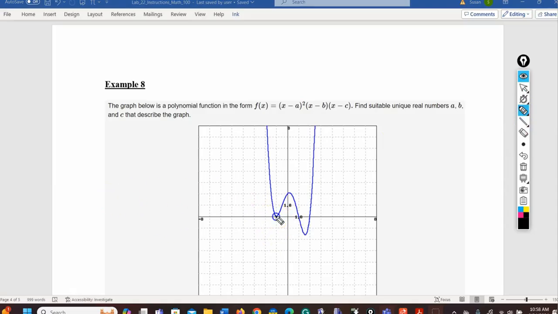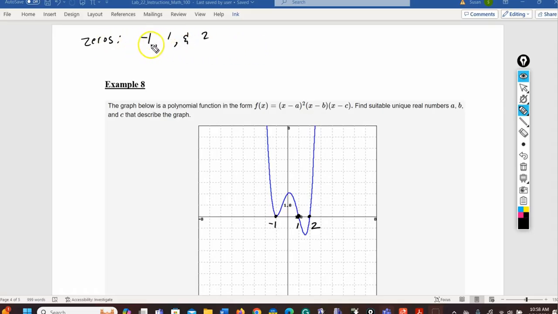Well, I can see where I have x-intercepts. So I have an x-intercept at -1, at 1, and at 2. So my zeros are -1, 1, and 2. Okay, so those are my zeros.